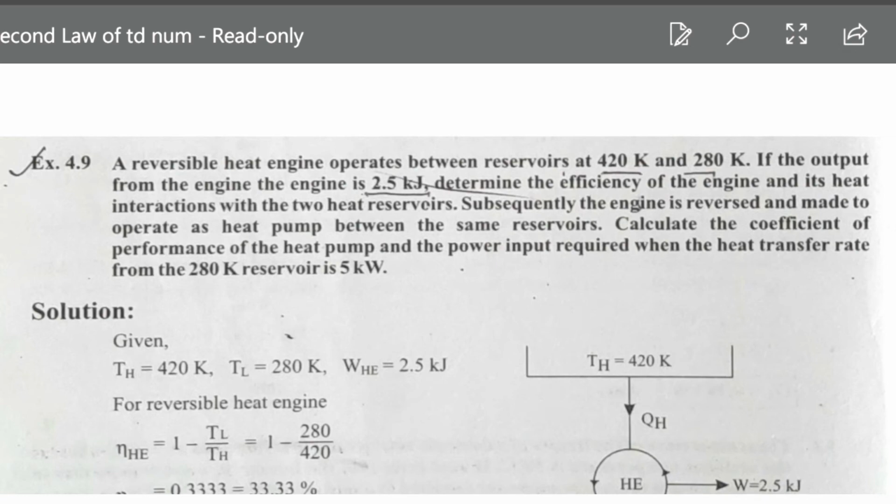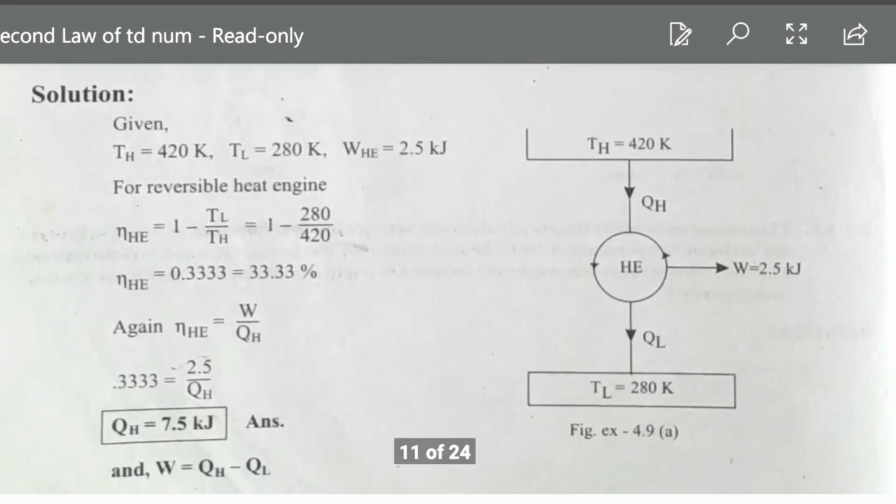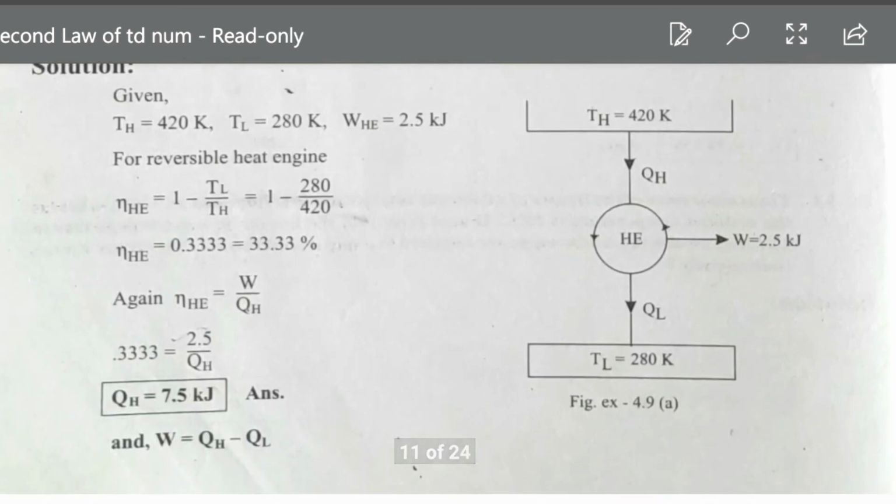Now we can see in the figure of the heat engine, this is for the first condition. We want to determine eta, QH and QL. So for eta, the temperatures of source and sink are given, so eta equal to 1 minus TL divided by TH.